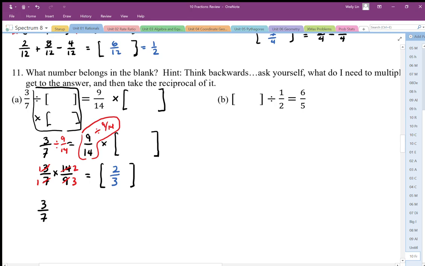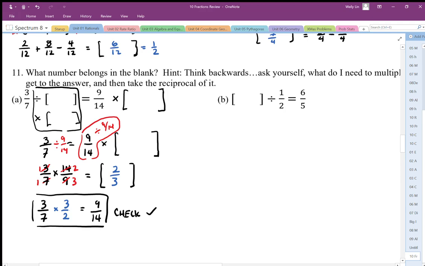Divided by 2 over 3, I'm going to times by the reciprocal, opposite, opposite, and then that's going to give me 9 on top, 14 on bottom. So there's my check. Yeah, it works. I got 9 over 14. That's the right answer.